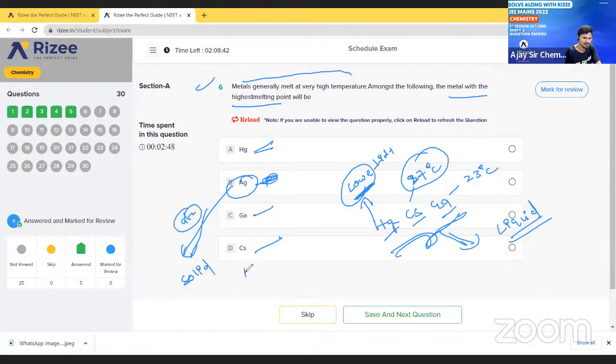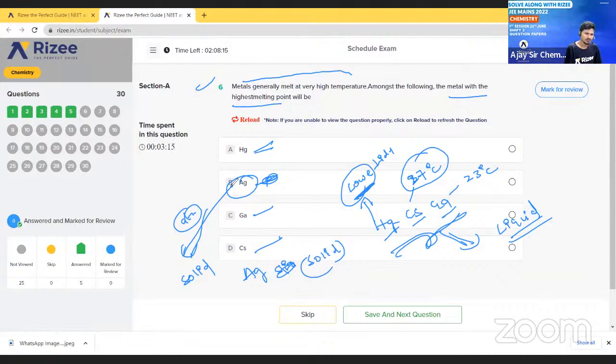Okay, Ag will be in which state? Solid state. So if Ag is present in solid state, if you want to melt Ag, what do we have to give? Tejaswini, Vijay Shankar, try to give the answer.